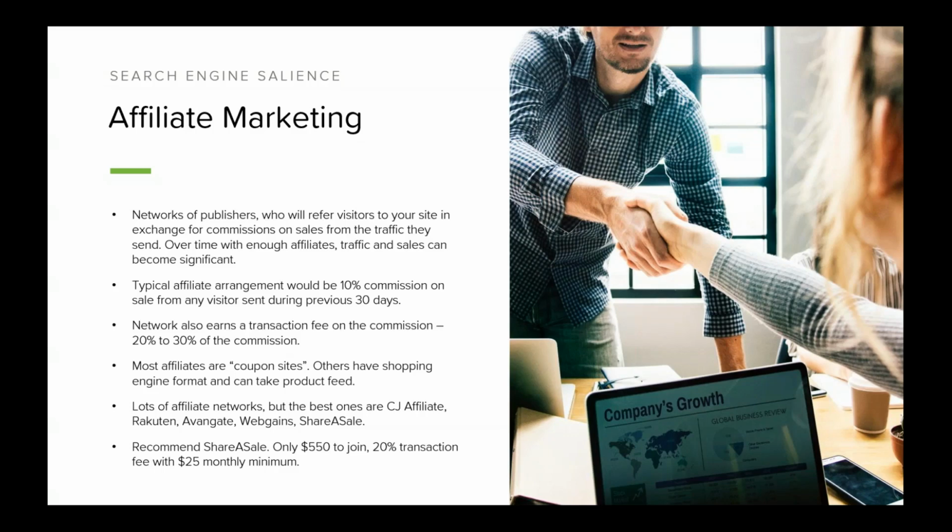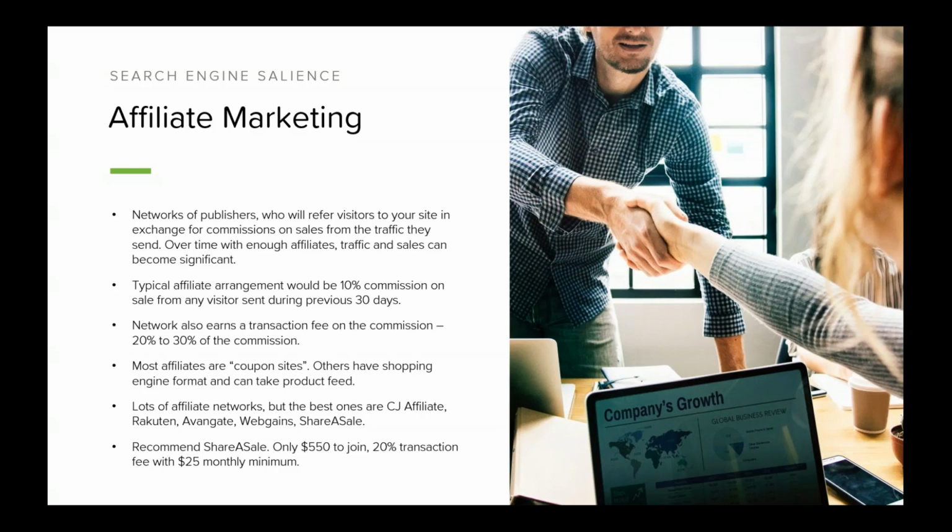There are networks, affiliate networks out there. There's a lot of them, but the best ones out there are, well, Commission Junction, CJ Affiliates now, Rakuten, Avantgate, WebGains, ShareASale.